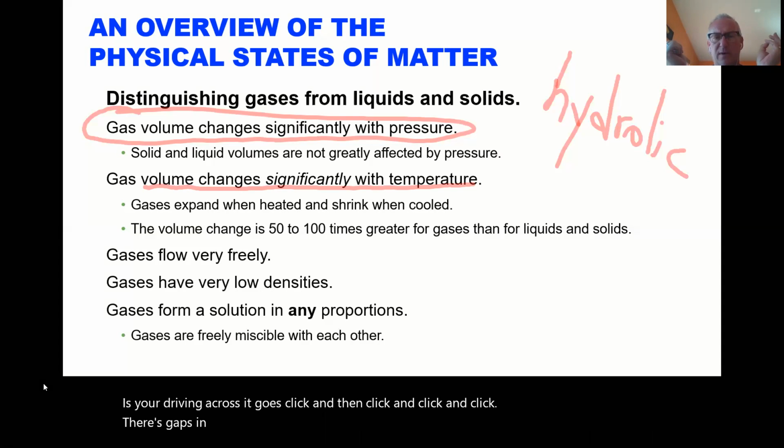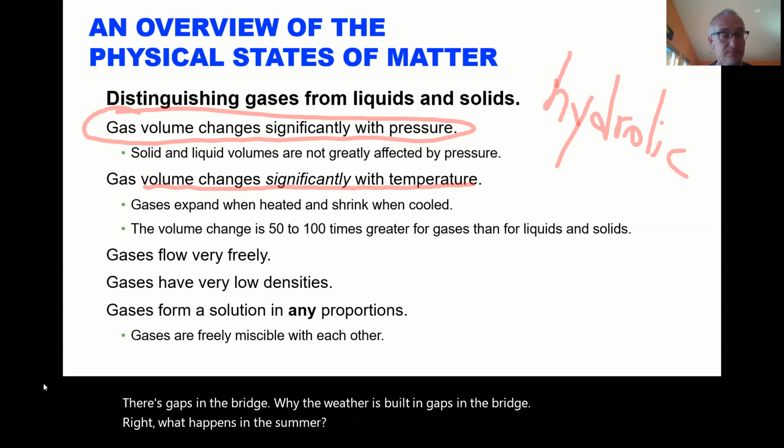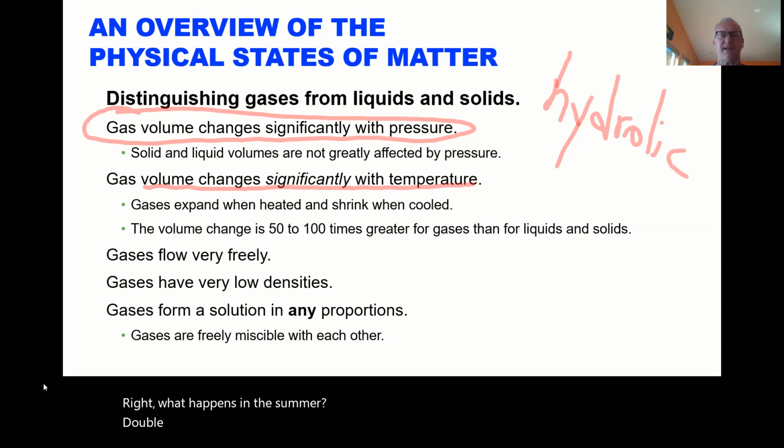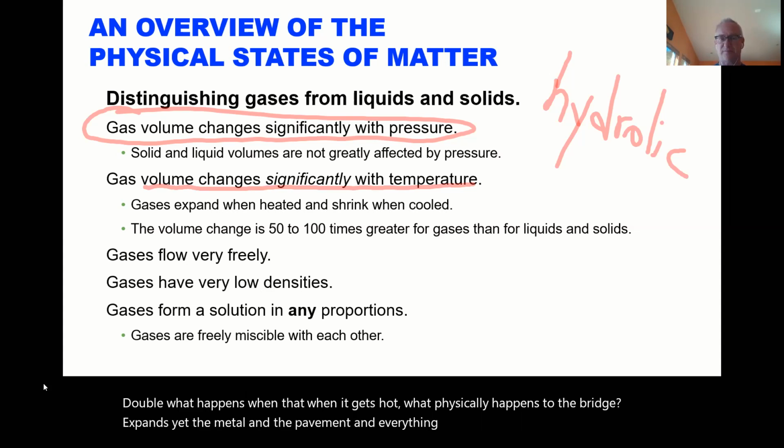Anyone know why there are built-in gaps in the bridge? To account for the heat during the summer. Right. What happens in the summer? It's really, really hot. No, but what happens when it gets hot? What physically happens to the bridge? Does it expand? It expands. Yeah, the metal and the pavement and everything else expands.